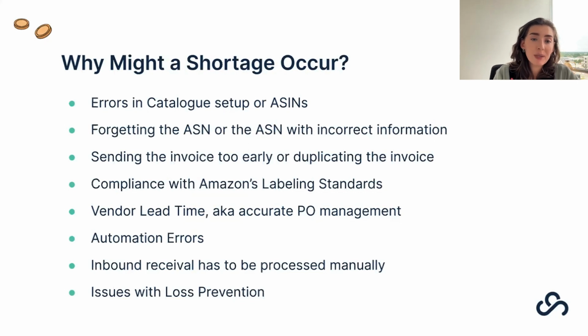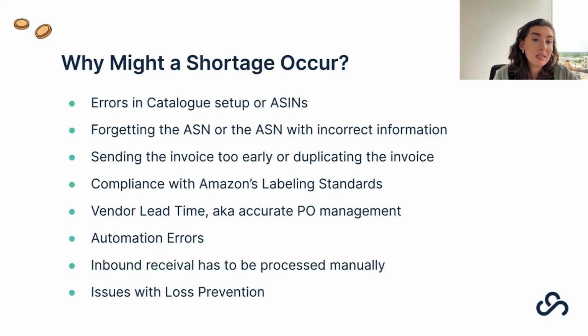So the first place to start is errors in the catalog setup, or ASINs. Make sure you have the right product information, make sure that you have the correct ASINs, that it's not attributed to another product, that you're not missing a digit, that if you did a hard change and you needed to update the ASIN, that it is updated, details like that.